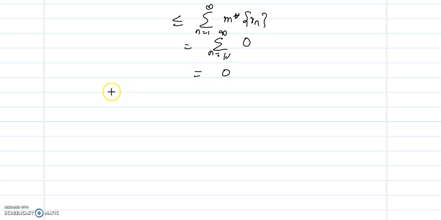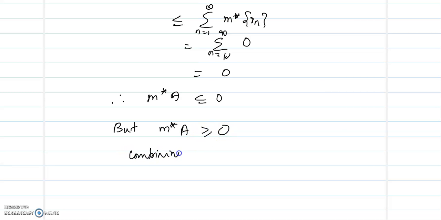Therefore we get n star of A less than or equal to 0, but we know that n star of A is greater than or equal to 0. Combining both, we get n star of A is equal to 0. So if A is a countable set, that's how the measure will be equal to 0.